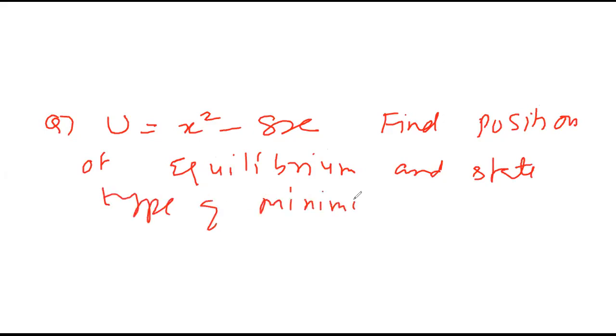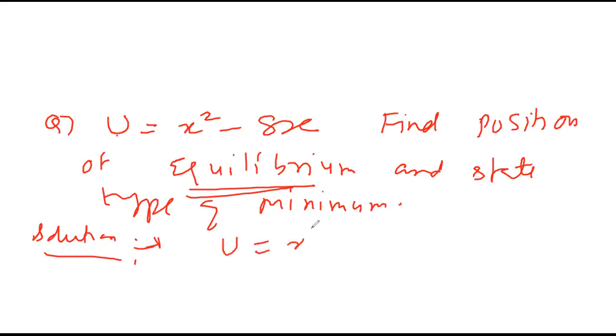If the slope is minimum, then it is stable; maximum, unstable; no change, then it is called neutral. So wherever it is in equilibrium, the rate du upon dx should be 0.